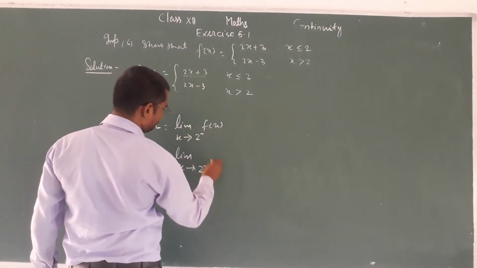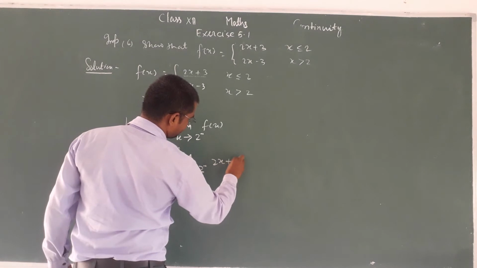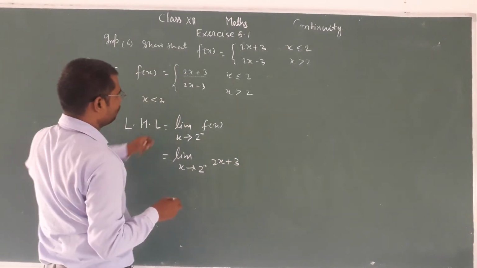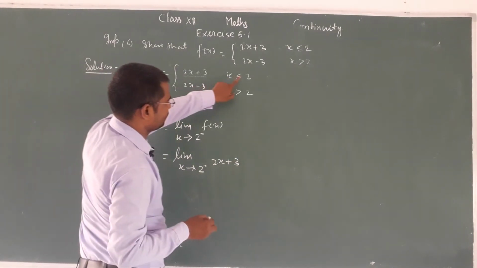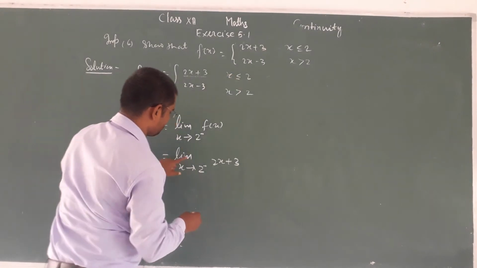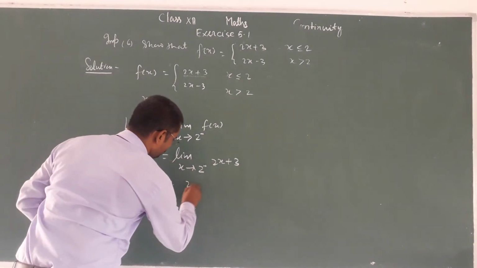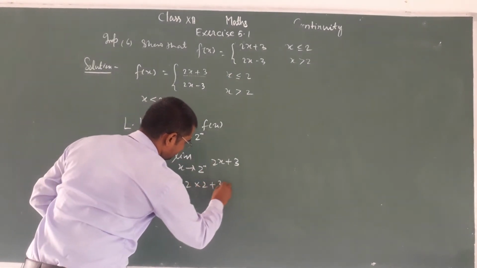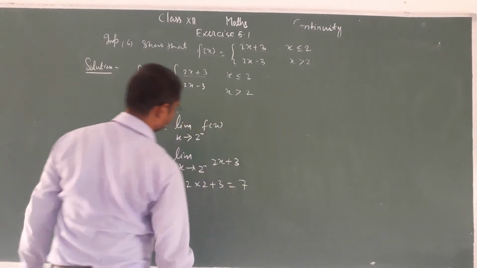So put the value of x equal to 2 here: 2 into 2 plus 3 is equal to 7.